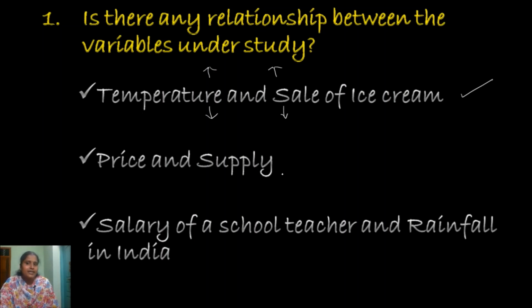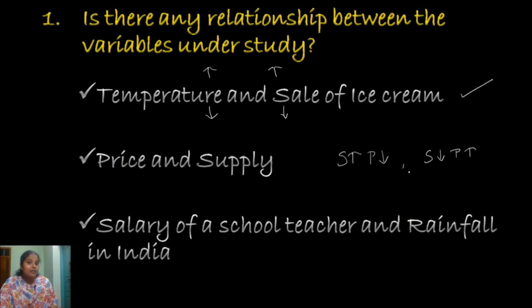Then price and supply. If supply increases, price decreases. Like that, if supply decreases, definitely the price will increase. Here both the variables move in the opposite direction.